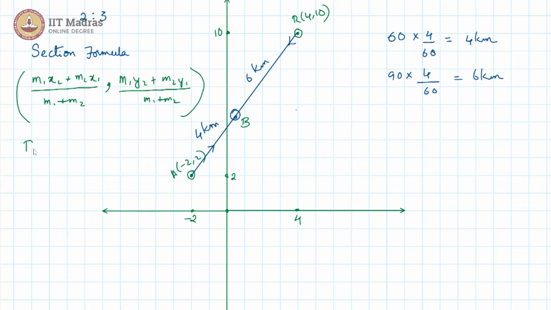So we get the point B by applying m1 is to m2 as the ratio, and this is x1 comma y1 and this is x2 comma y2.